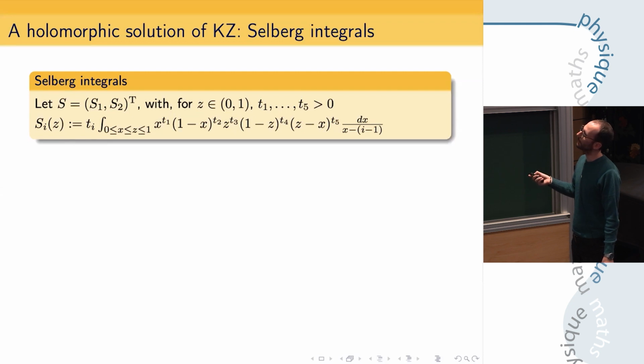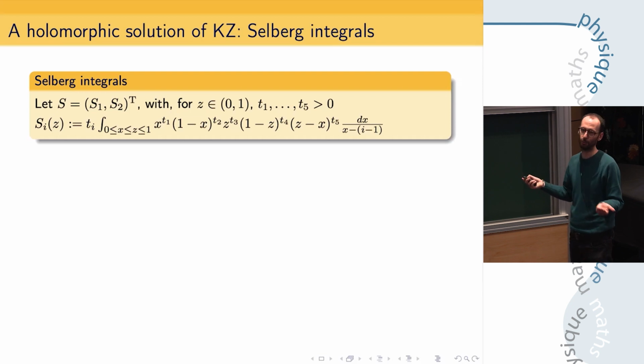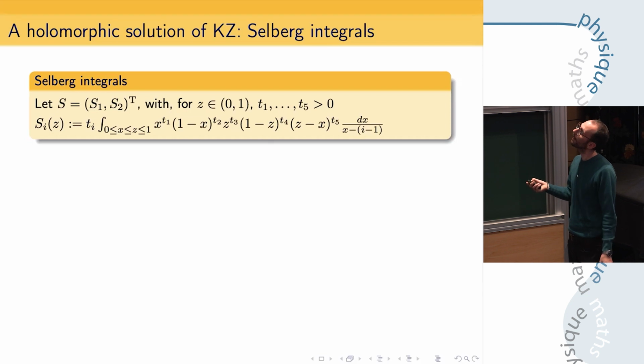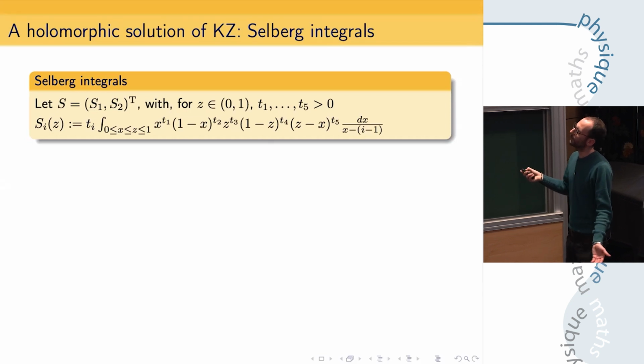I have z between 0 and 1, real, then parameters which I can consider as real and bigger than 0. In this setting, this integral is absolutely convergent, but eventually I want to consider these as complex numbers, the same way you do with Mandelstam variables.